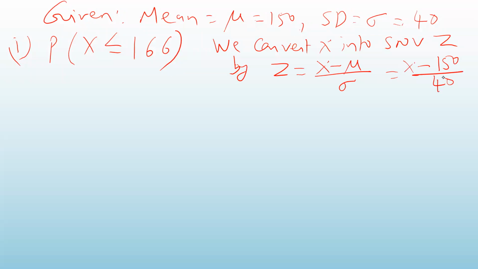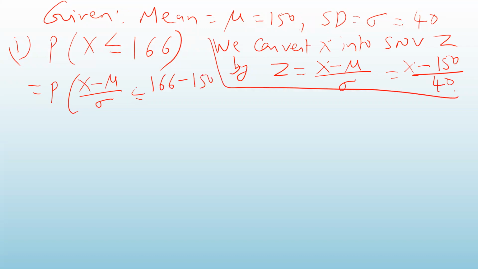So let us make that transformation here. This is equal to probability of x minus mu upon sigma less than or equal to 166 minus 150 upon 40, just putting the values of mu and sigma.